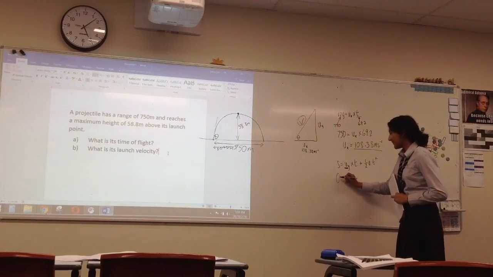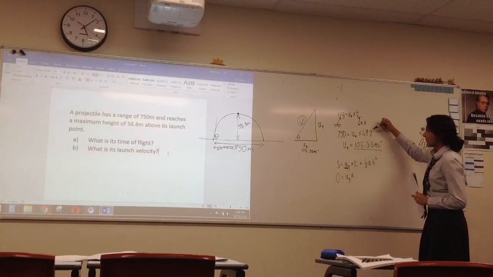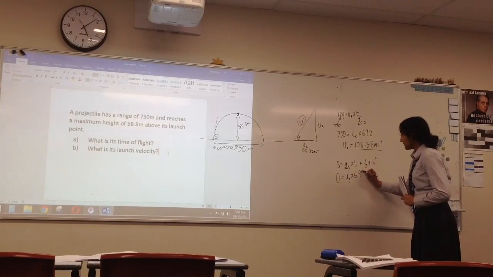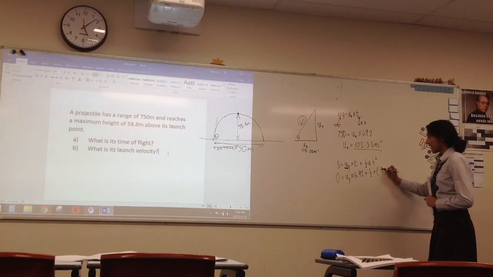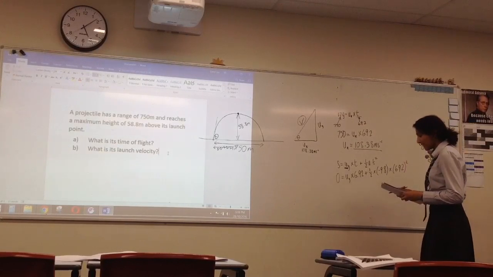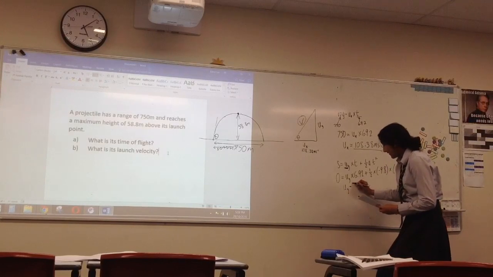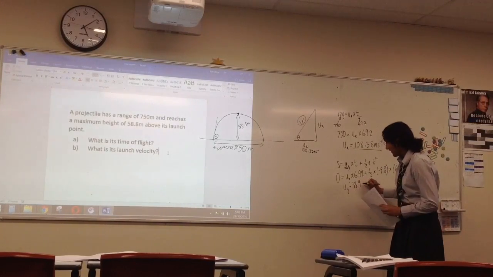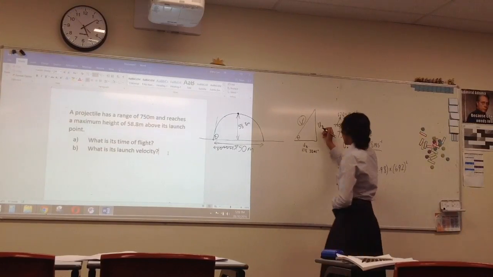So 0 equals uy into t, which we figured out before was 6.92, plus half into negative 9.8 into 6.92 squared. If we use this, we'll figure out that uy equals 33.9 meters per second. And we can put that back in here.